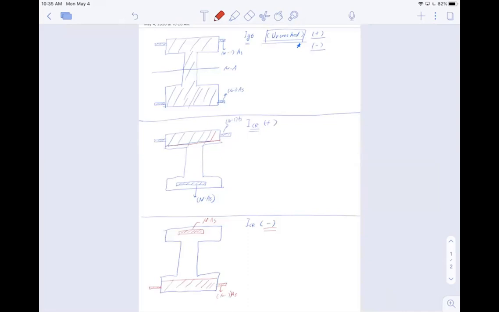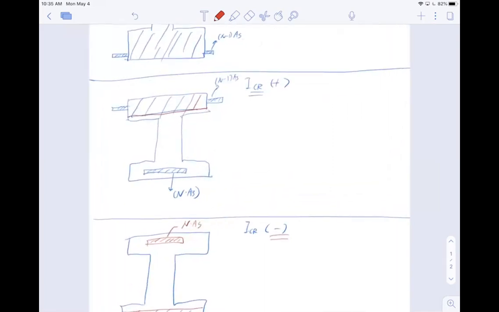Now, the neutral axis for the cracked moment of inertia. Remember in the lecture notes, how do we do it? If you go back to the lecture notes, we need to find a Y bar. And for this Y bar, remember we use rho and we use KD.